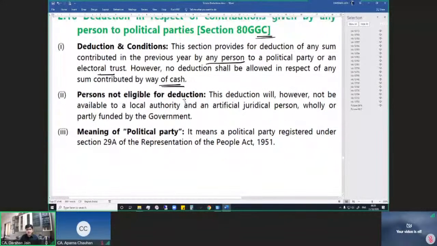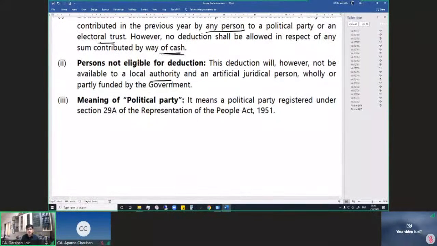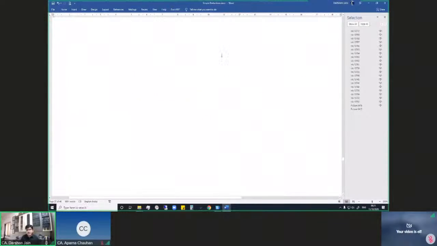This deduction is, however, not available in respect of a local authority or an artificial juridical person wholly funded by government. So, government making donations via a local authority to a political party, no, that is not allowed. And even otherwise, if such payment has happened, no deduction would be available under section 80GGC. Political party would have the same meaning again.